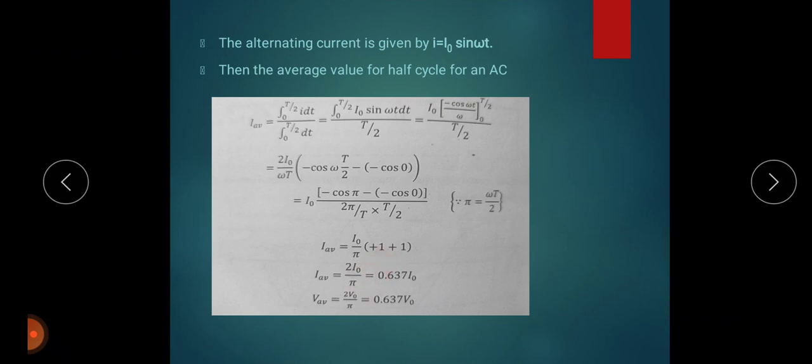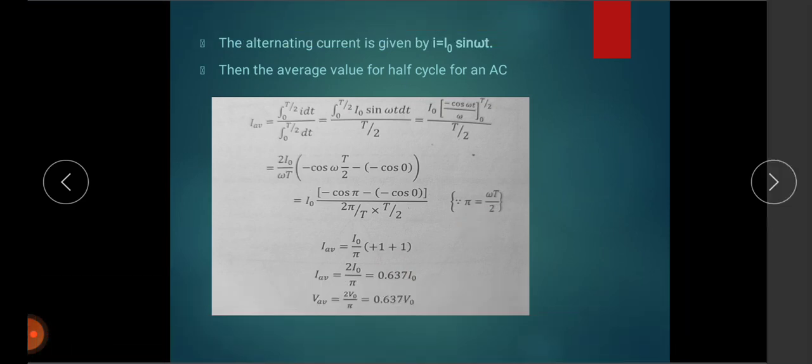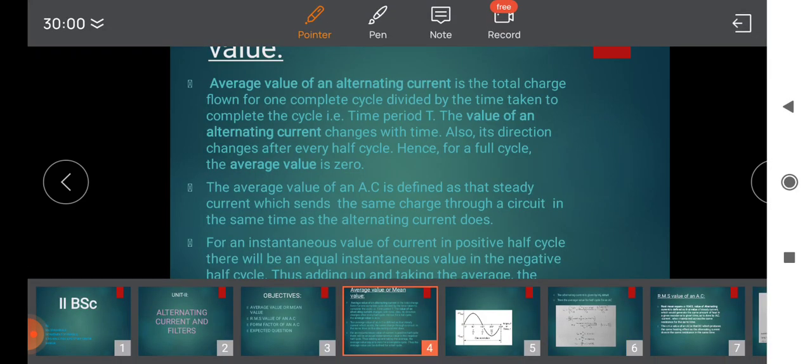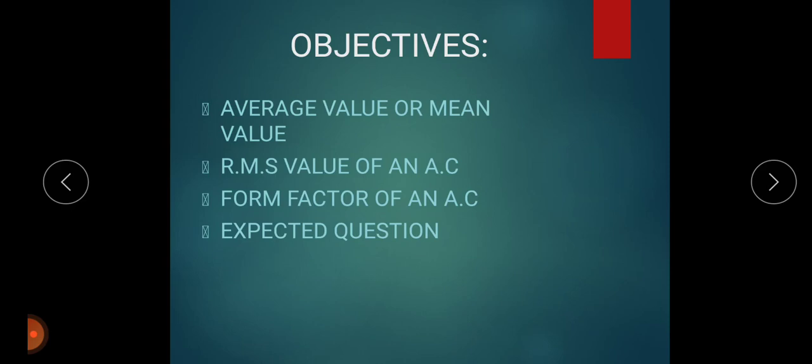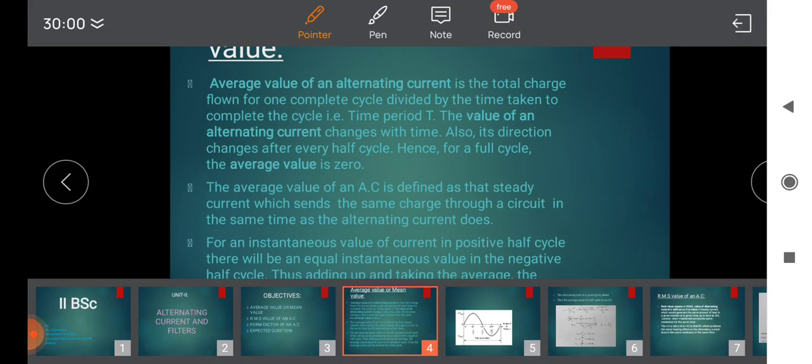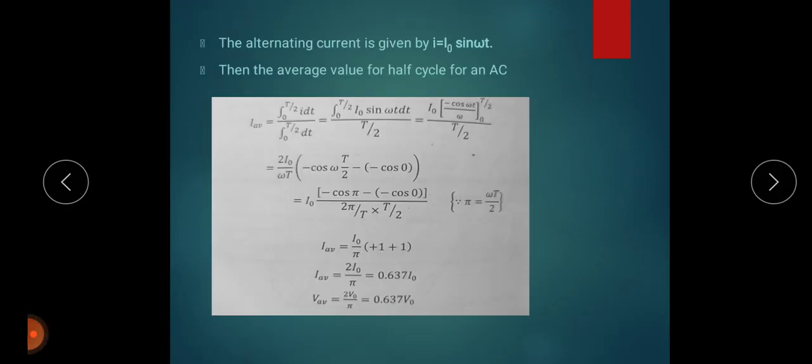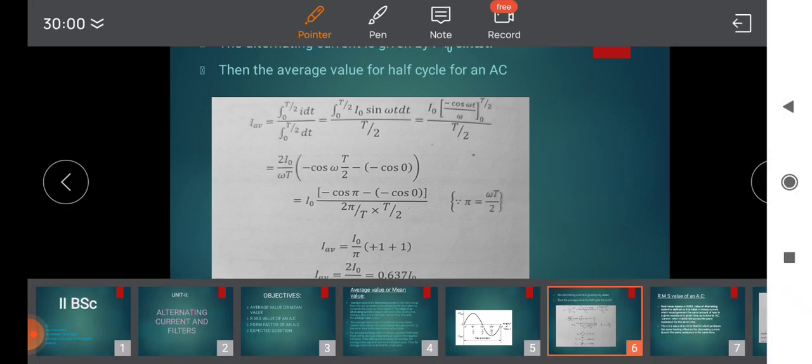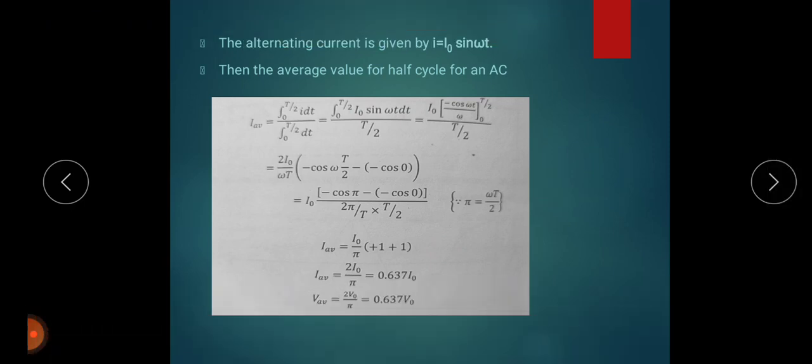Then substitute the value of pi. We know that the value of pi is 3.142. 2 divided by 3.142 gives the value 0.637 into I naught, where I naught is the peak value of the current.